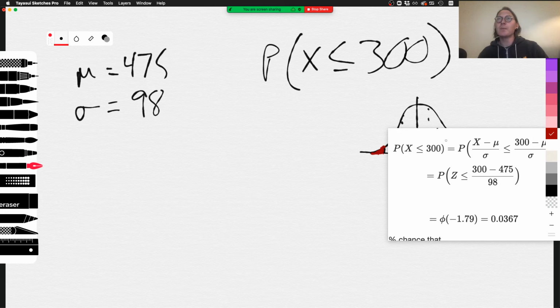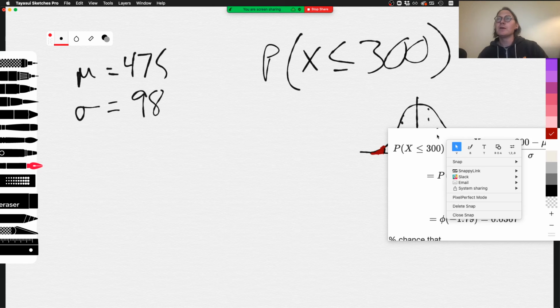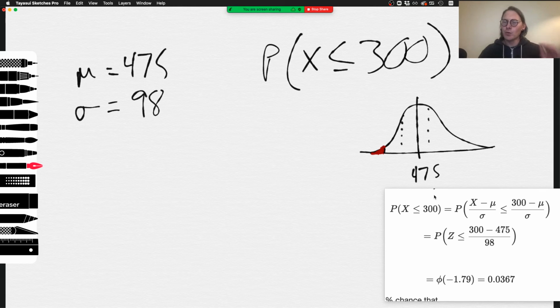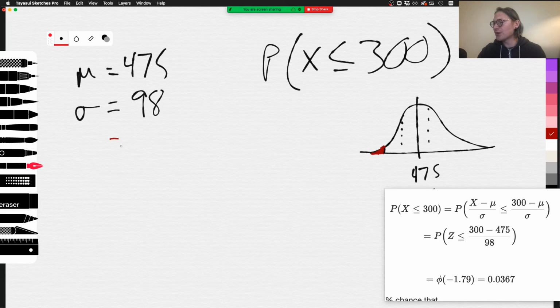When we're thinking about how to determine this relative to a standard normal distribution, then we can standardize against mu and sigma, which we're doing here. So we're just going to take 300, which is our value of this big X right here, right?